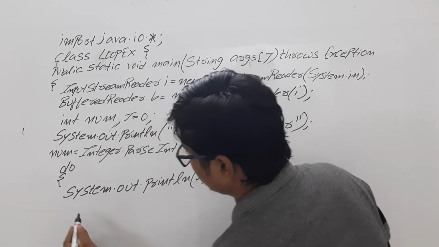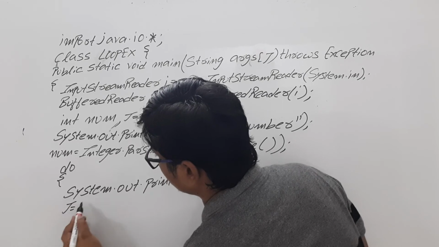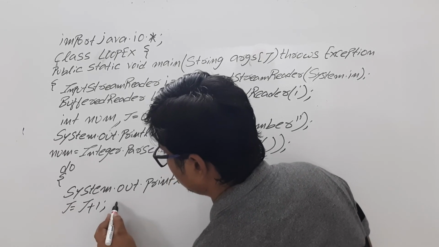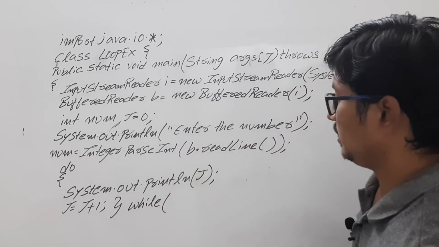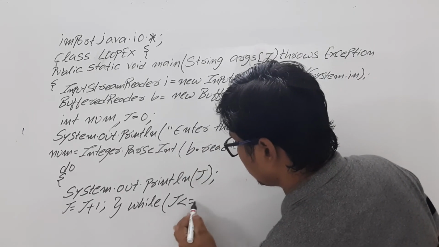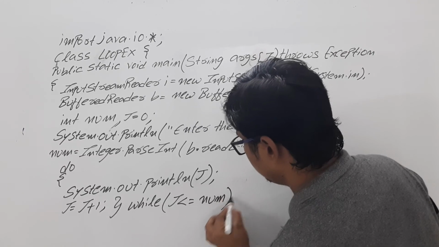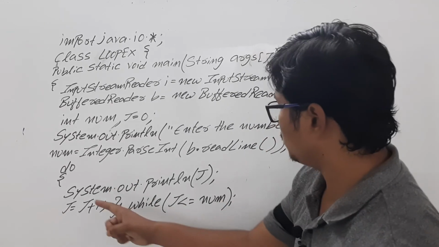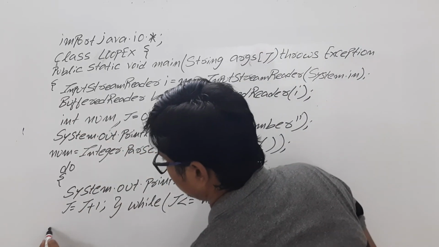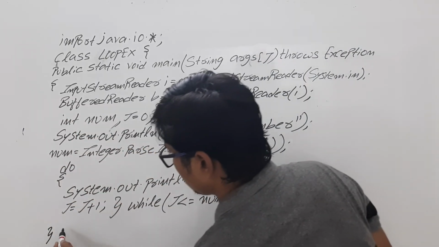Then you have to write j = j + 1. You can write while j less than or equal to num. So this is the do while loop, and then you can close the main and you can close the class.